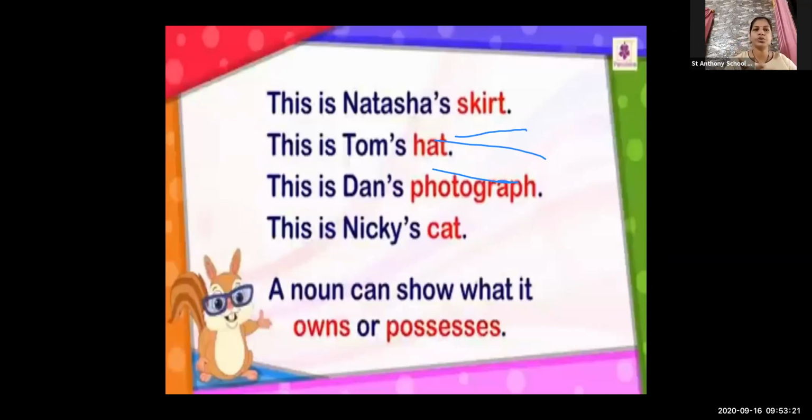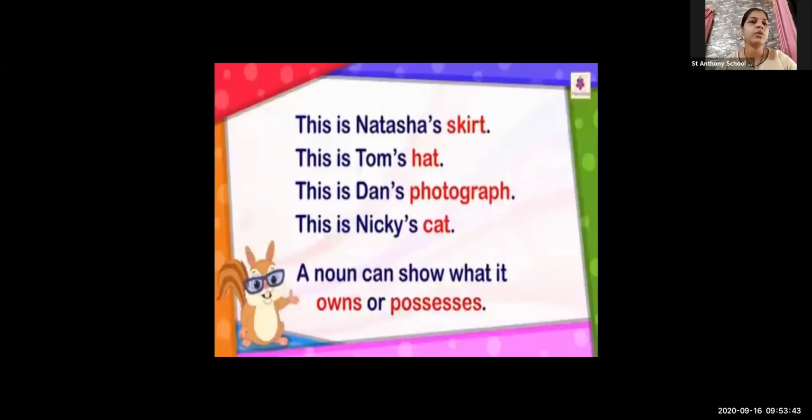So to show that ownership, we use the apostrophe. So why do we use the apostrophe? A noun can show what it owns or possesses. We use the apostrophe to show what it owns or possesses. So let's see more examples related to this.